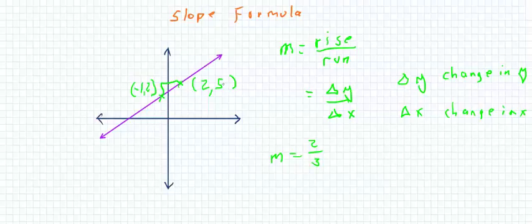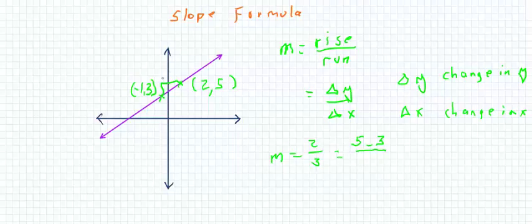But if you look at this, the y coordinates, 5 minus 3 is 2.